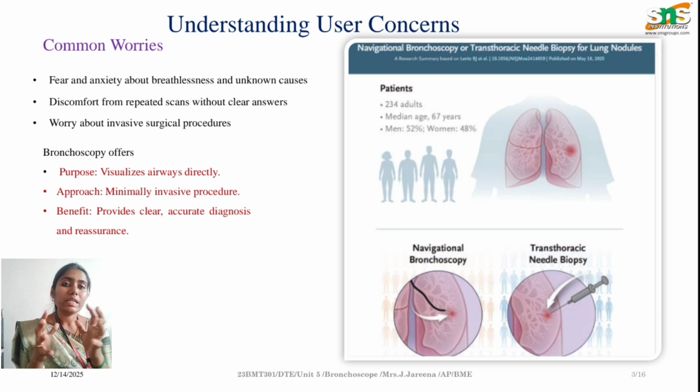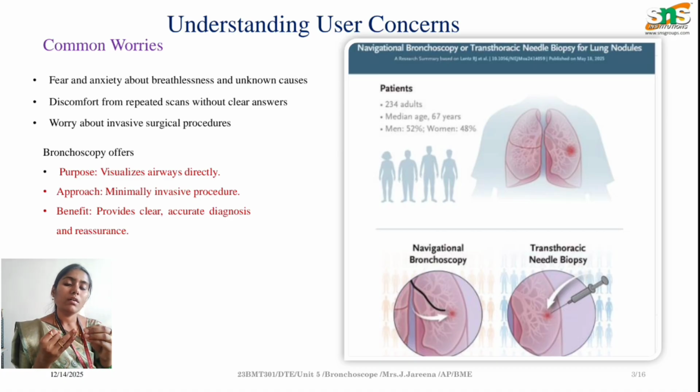And also, the problem is that they need a technique to visualize the internal organs of the respiratory system, right from your nose to your lungs, to the end of your alveoli, to identify what type of problem is there. And also we want minimal recovery times.